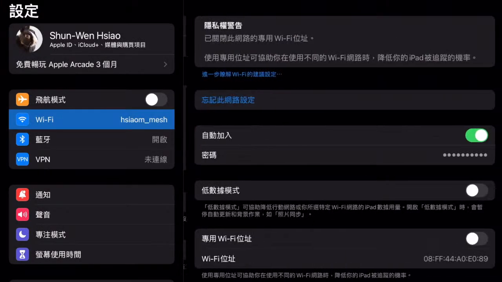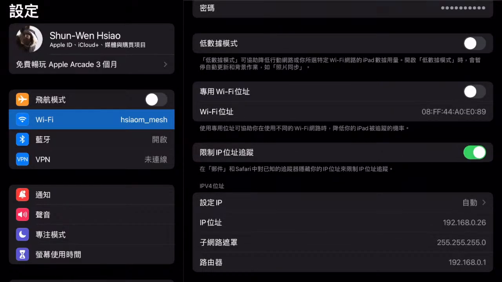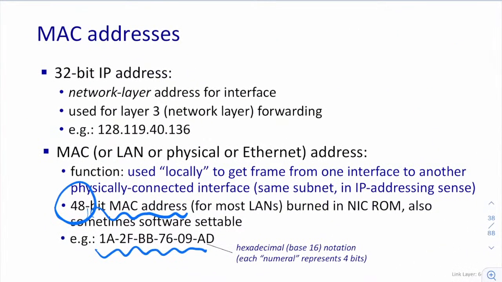Did you see that 08 FF 44 A0 E0 89? That is the MAC address of my Wi-Fi interface card. You can simply figure out what your MAC address or your interface card is.